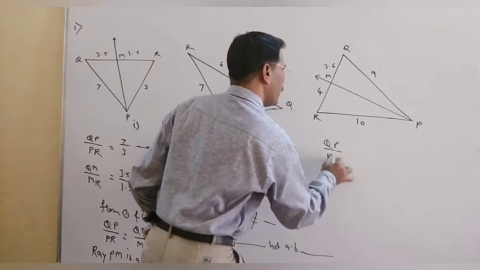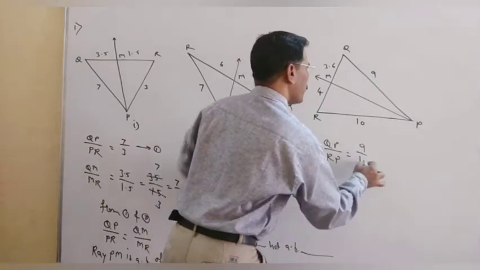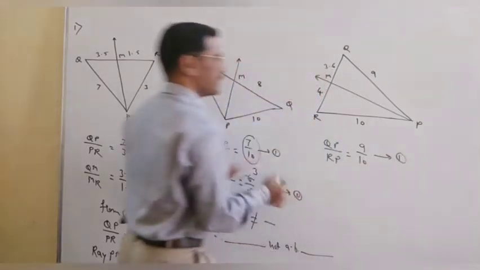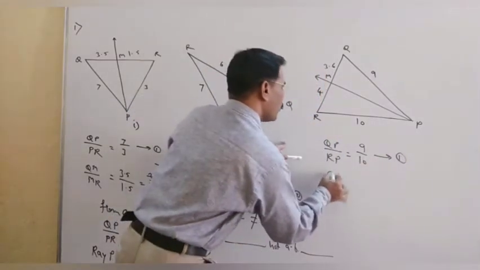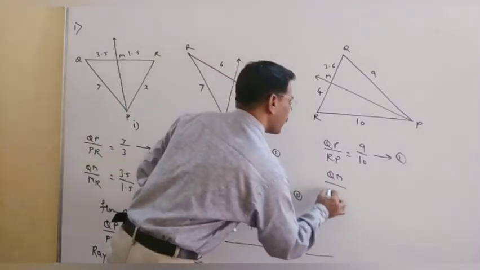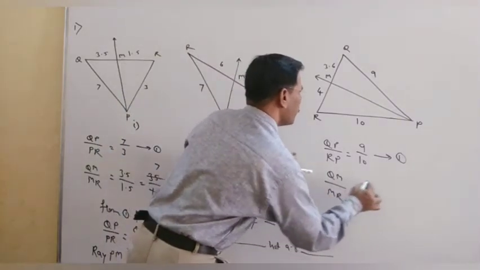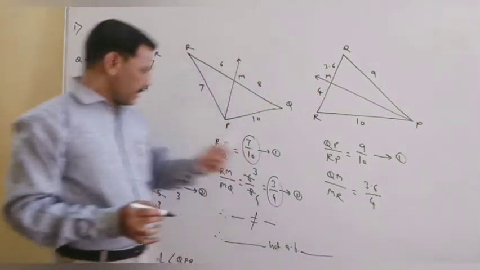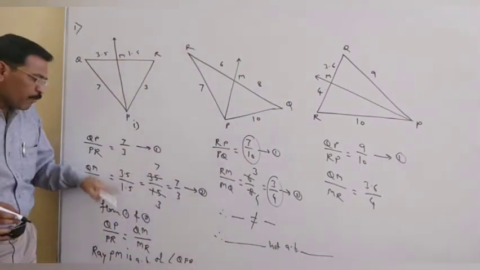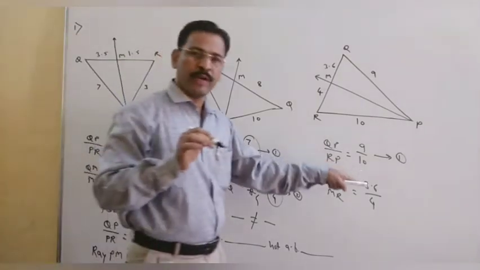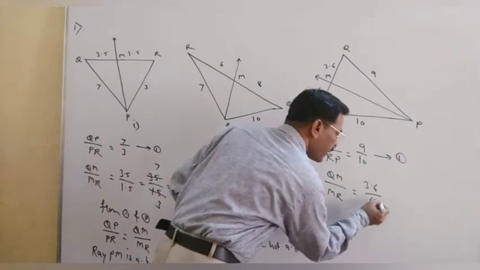QP upon RP, which is 9 upon 10. It is not divisible by any other number, so keep it as it is. Now this side, QM upon MR. What is QM? This is 3.6 upon 4. Now look here. Similarly, here both have numerator and denominator with the same number of digits, but here only the numerator has a decimal, so I am going to make it like this.